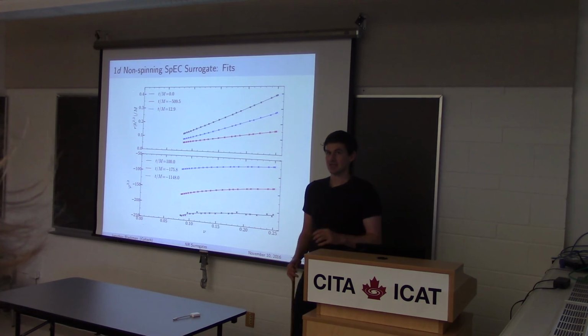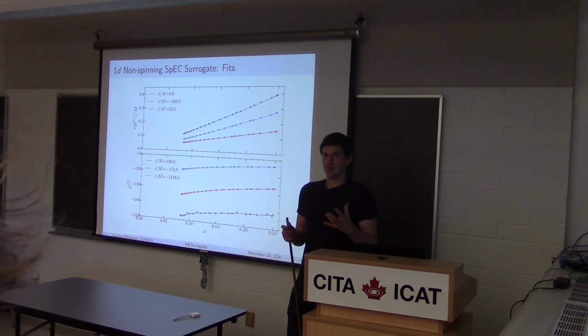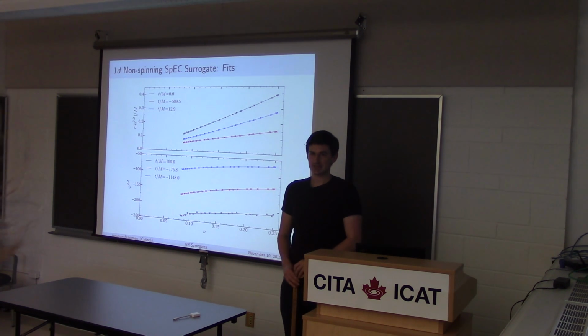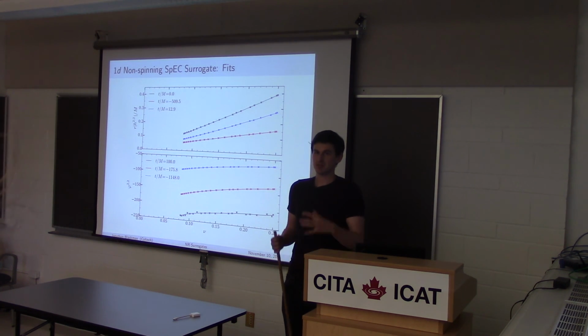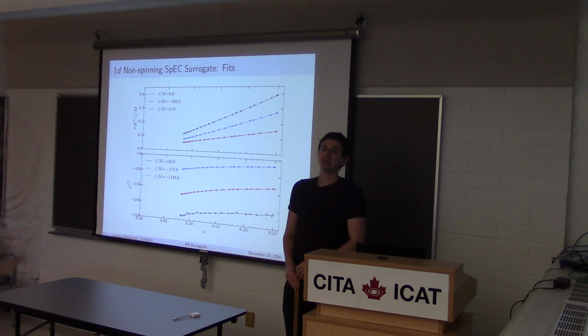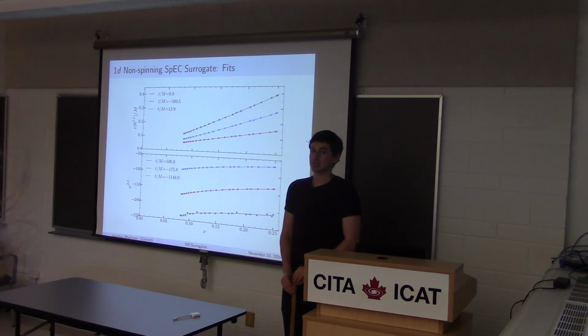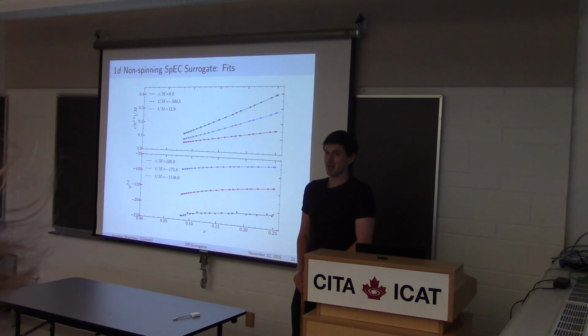It probably depends on the mass ratio. Maybe at nearly equal mass, if you had one neutron star and one black hole, you might get a lot more disruption, and this could change the waveform a lot more. Whereas if you had larger mass ratios, maybe the neutron star just gets swallowed up, and maybe the tidal terms are less important. But so far, I've only looked at binary black holes.